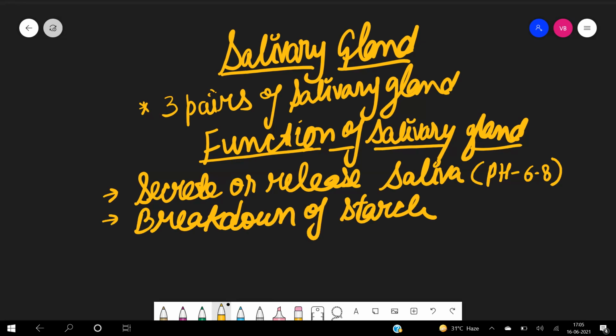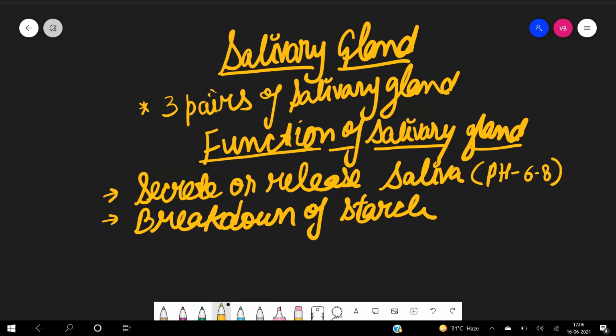If we chew any chapati for a longer time, sometimes the question is asked, why does its taste become sweet? Because the starch present inside the chapati is broken down into glucose and maltose. Okay.